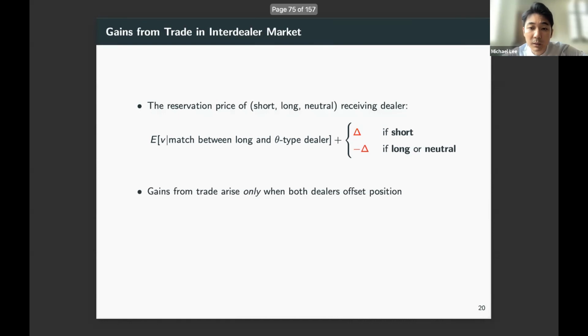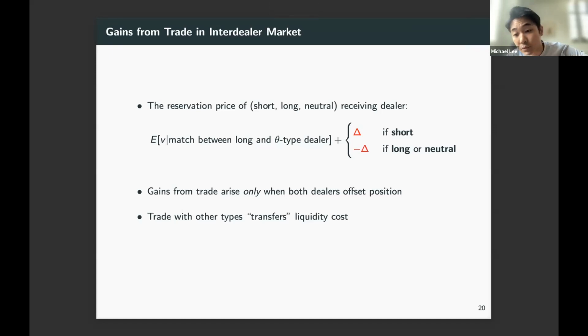So what we can see here is that gains from trade only arise when both dealers are offsetting positions. When you're a short dealer, you receive an offer by the long dealer. You like this trade because you can also lower your net position. And as a result, your reservation price is going to rise by delta. But for these other types of dealers, it's really just a transfer of these liquidity costs to their balance sheet.